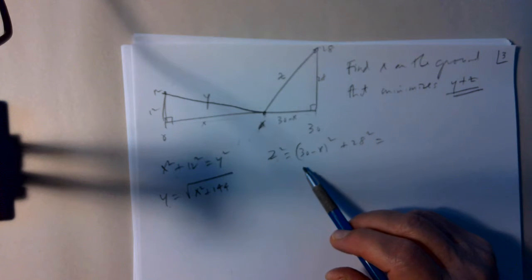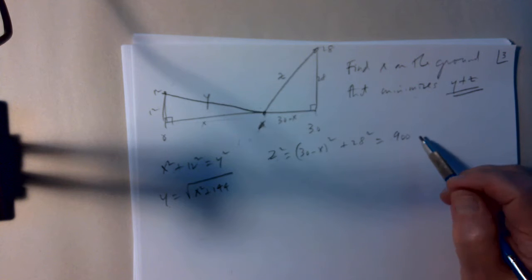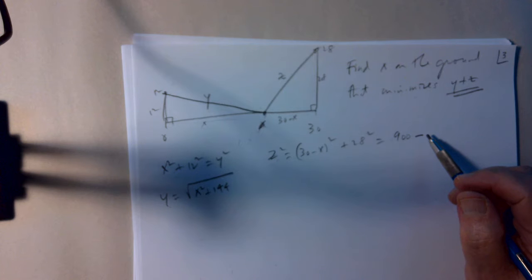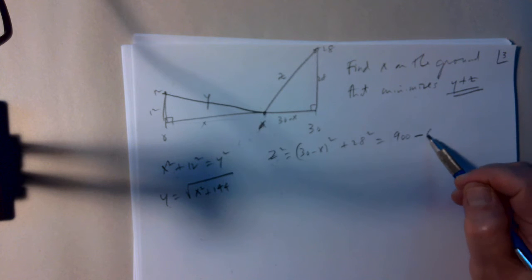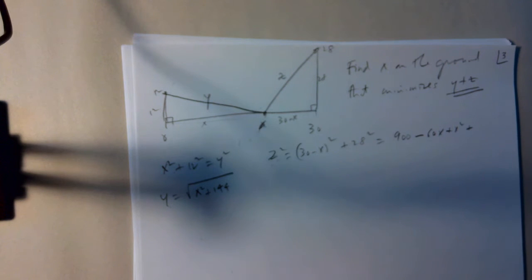Let's just expand this. This is 900 minus 60x plus x squared plus 28 squared.